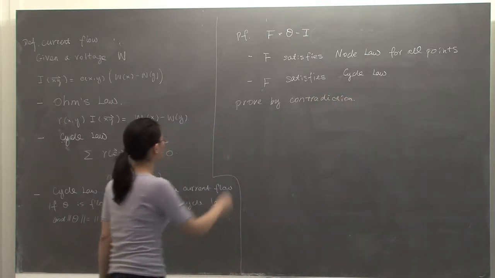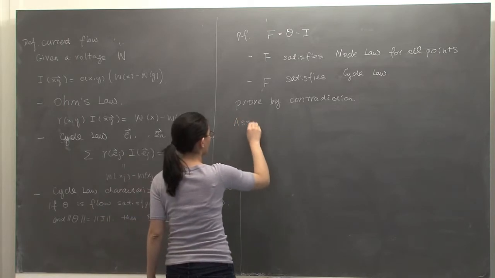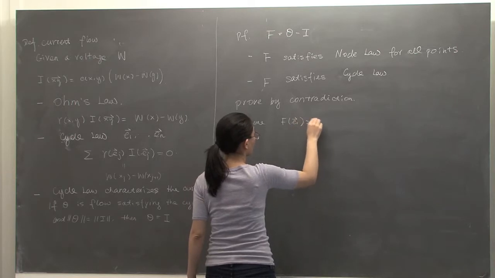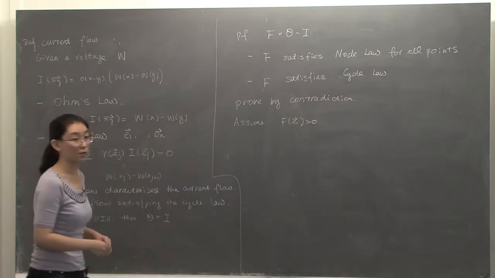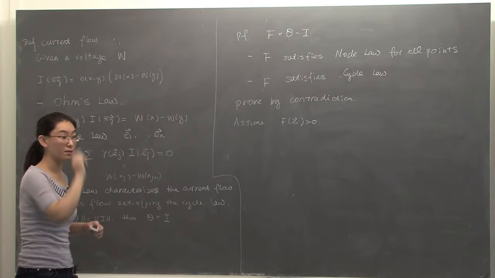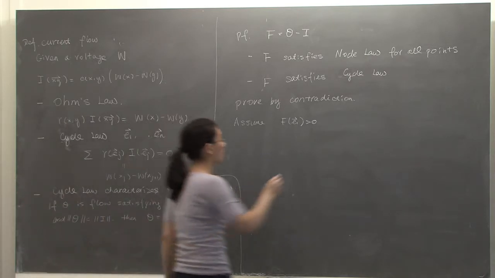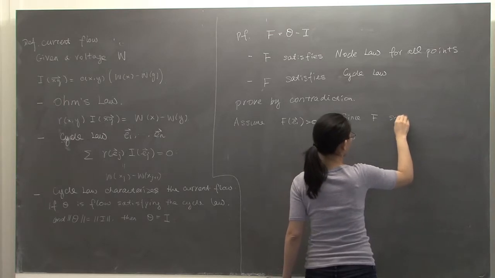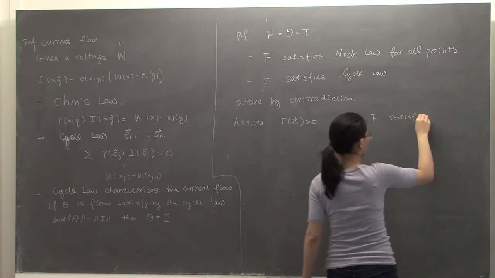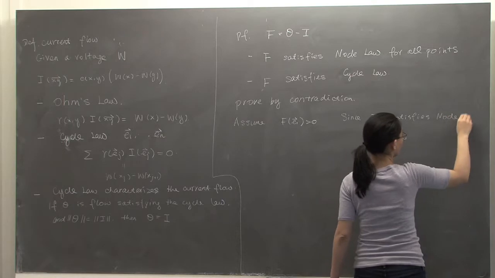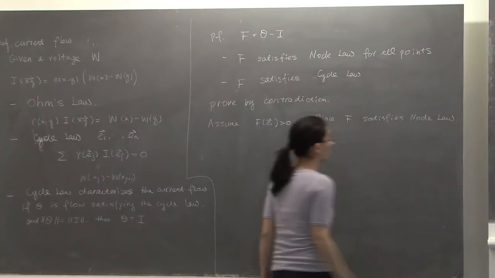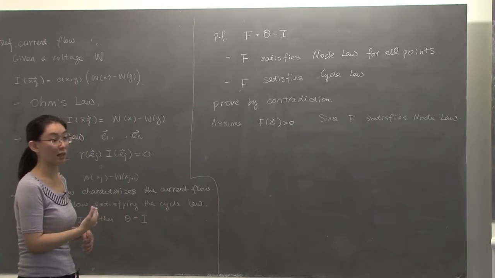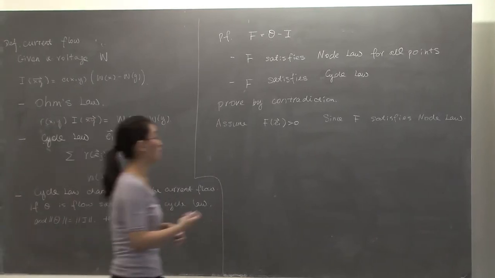So assume that f is strictly positive for some edge, E1. And since f satisfies the node law, we know that this E1 must lead to another edge such that f also is strictly positive.